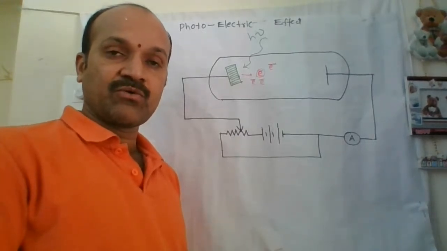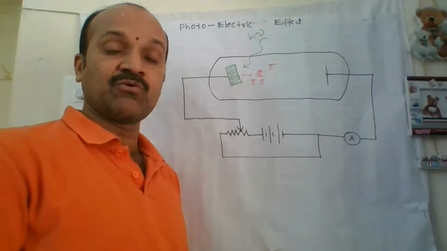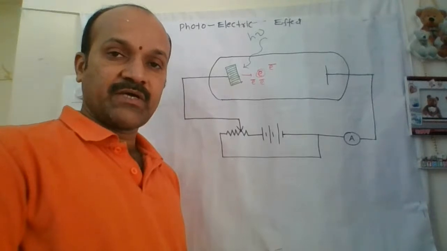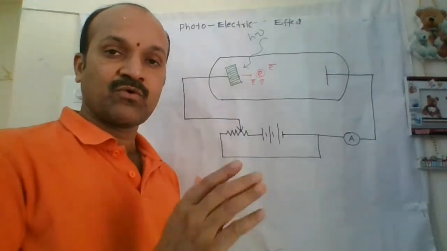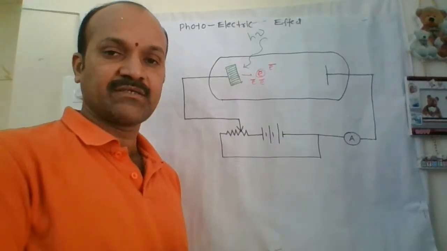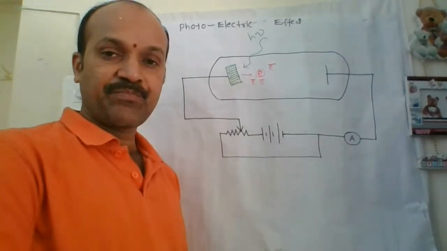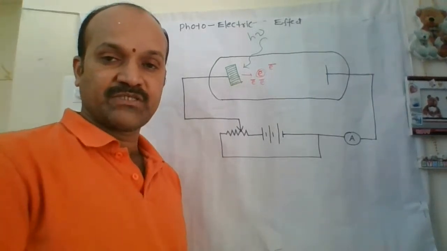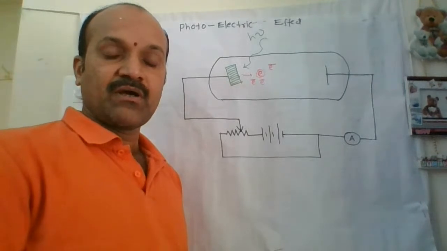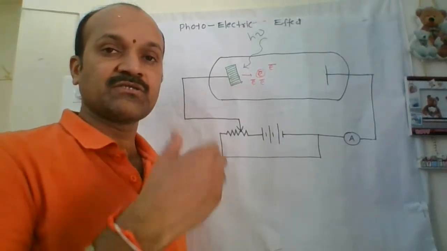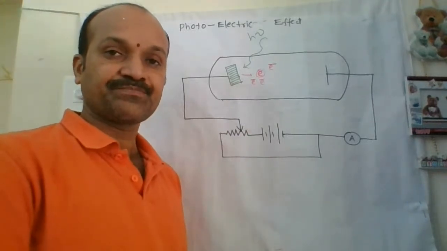Whether you take photodiode, avalanche photodiode, pin diode, or solar cell, in these the basic principle is conversion of photocurrent into electric current, light energy into electrical energy. And today's topic also follows the same principle. What happens in the photoelectric effect is that light energy is converted into electrical energy.